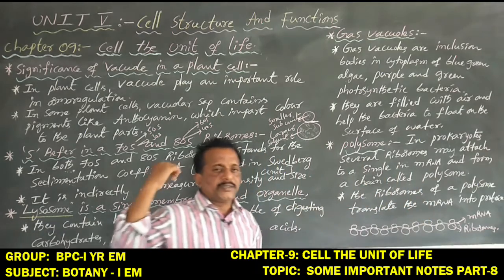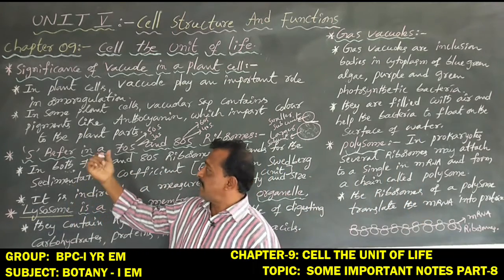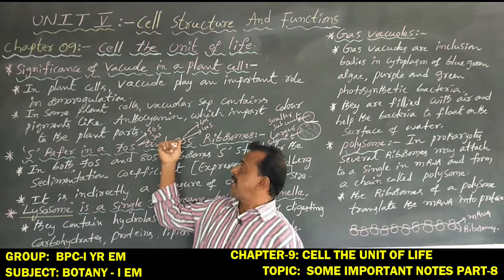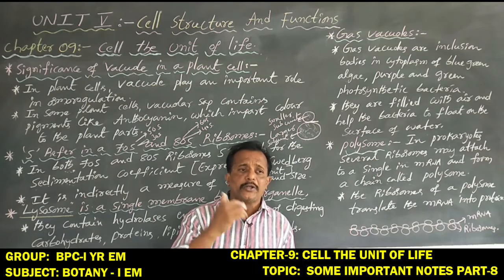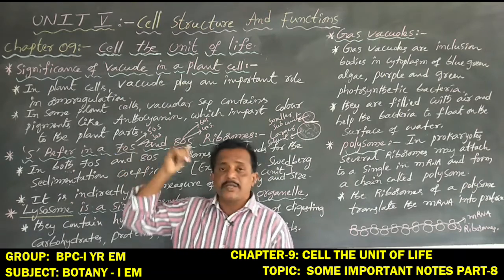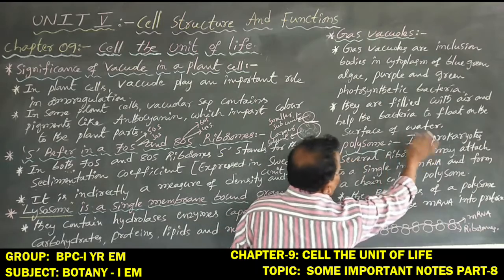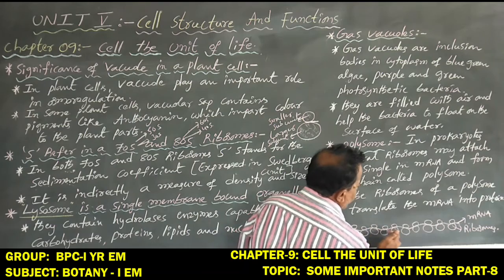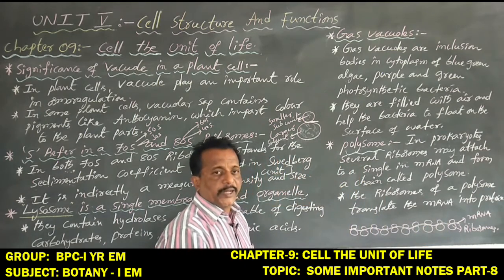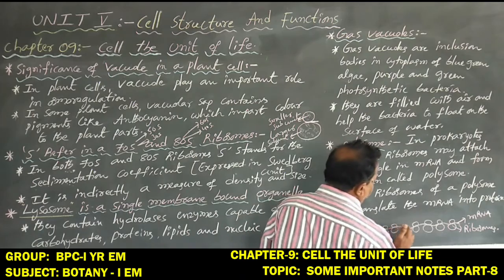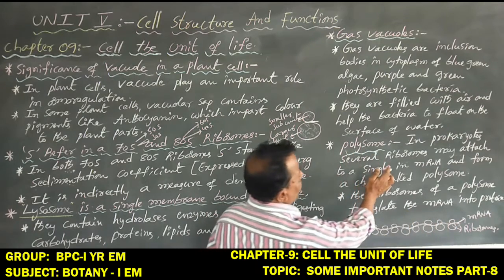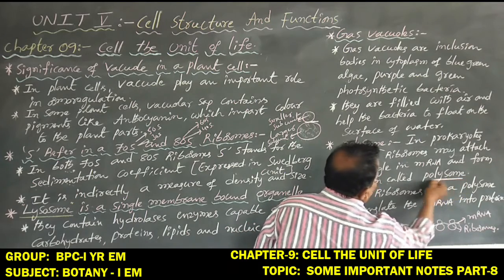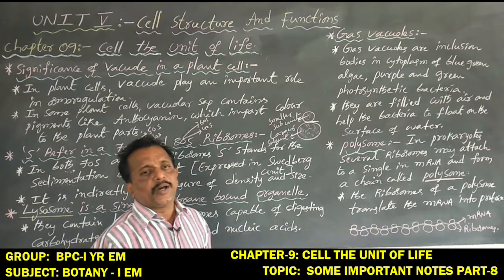Already I said that ribosomes are of two types. One is 70S type of ribosomes and the other one is 80S type of ribosomes. Most 80S ribosomes are present in eukaryotic organisms, and most 70S ribosomes are present in prokaryotic organisms. These 70S ribosomes attach to a single mRNA and form a chain, that is called polysome.